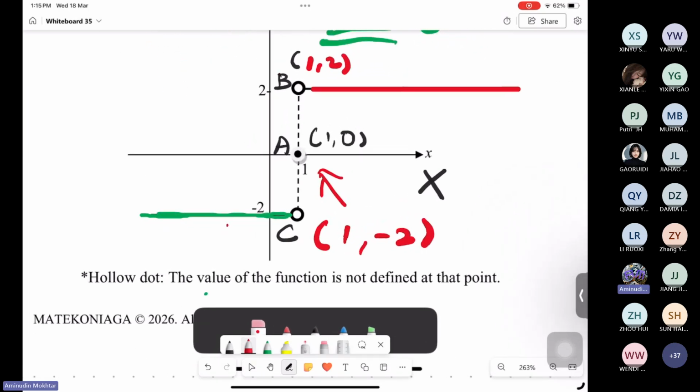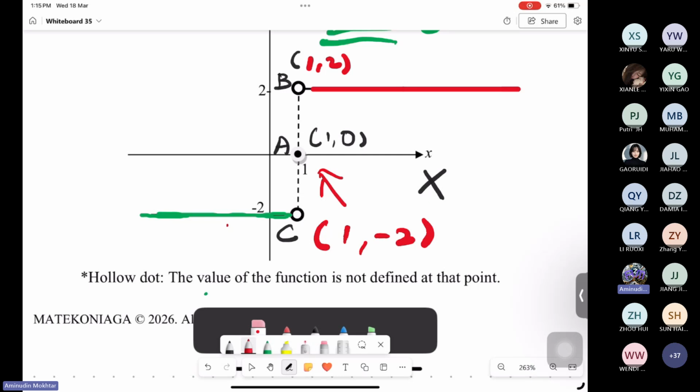So that's the difference between A, B, and C. At point A we have the black dot because the value of y exists, but at point B the value of y does not exist, so we don't need to draw the black dot or the black point.